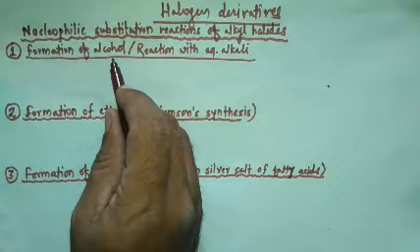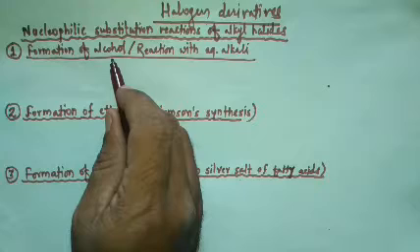So alcohol can be formed by reacting alkyl halide with aqueous alkali like NaOH or KOH.